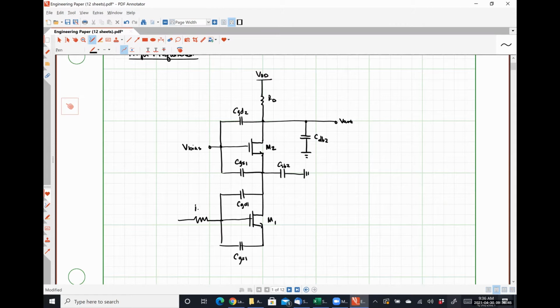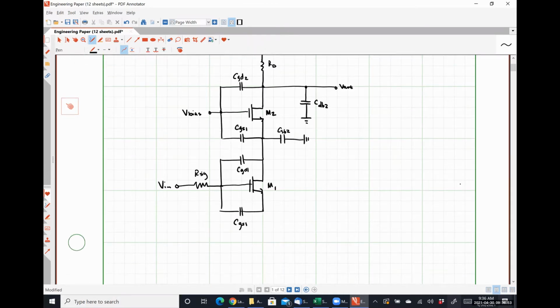We have some signal resistance, goes here. Here is where our input signal is applied. Our source for transistor M1 is grounded, which means we have this guy CSB1 right here that does absolutely nothing. And lastly, we're going to have a capacitance here, CDB1.